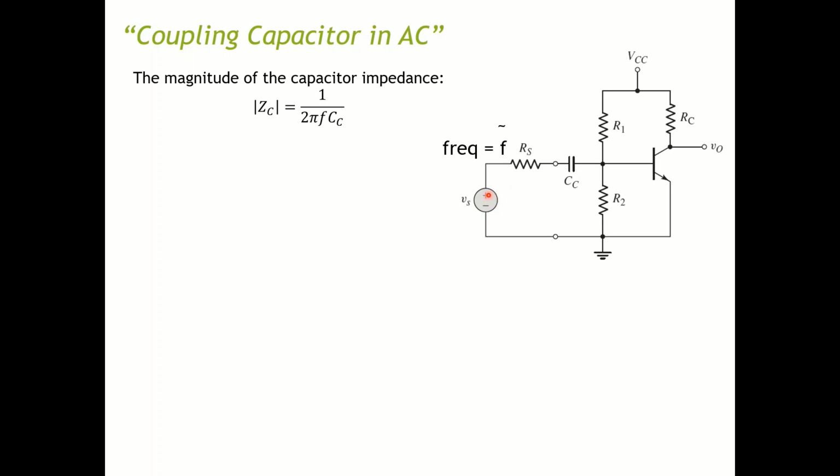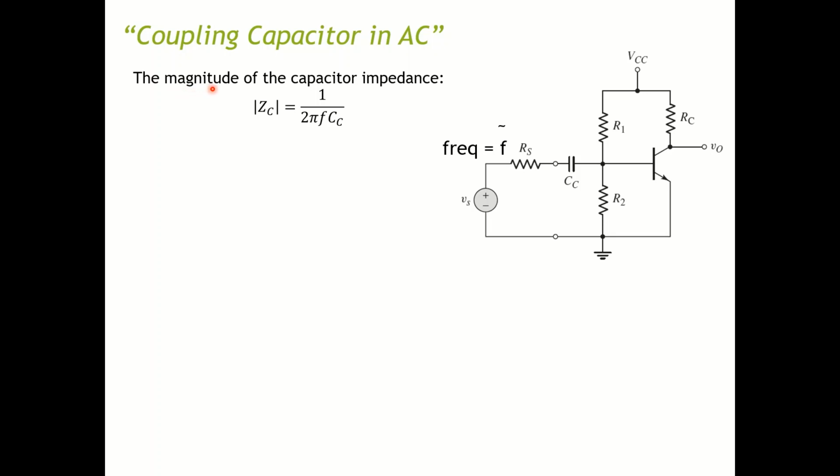So what happened to the AC component? What happened to this coupling capacitor in AC? So you can write the magnitude of this capacitor impedance. Basically in AC, this capacitor acts as an impedance, right? So it's kind of like a resistance, but for AC condition.